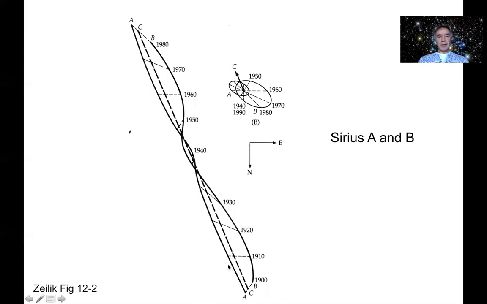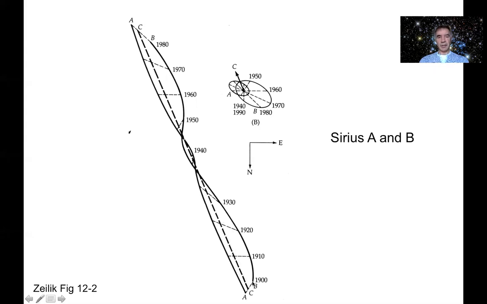So here's another example, coming back to another famous star we're getting to know quite well now, Sirius. As I showed you last time, Sirius is a double star, a binary system in itself, Sirius A and Sirius B. And here you can actually see the path of these two stars.